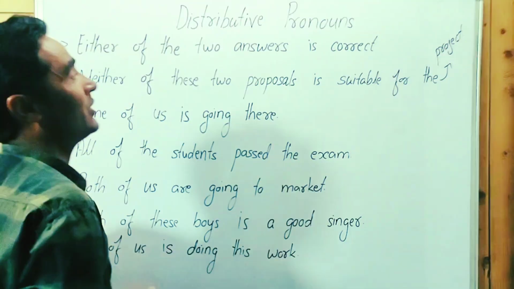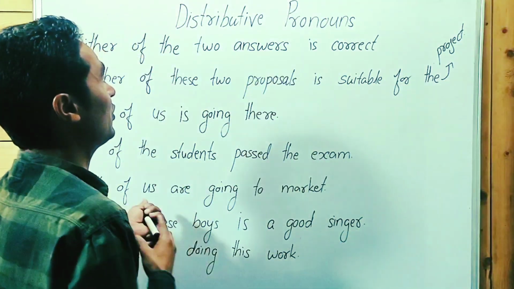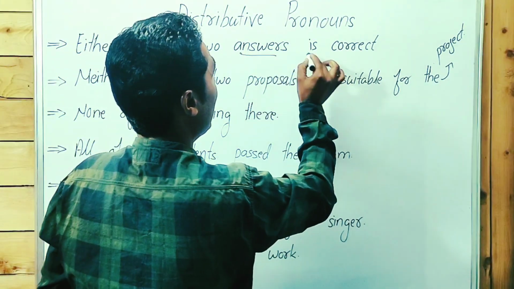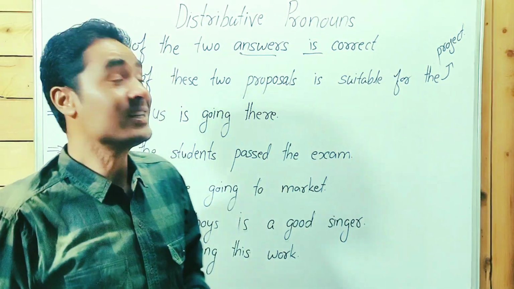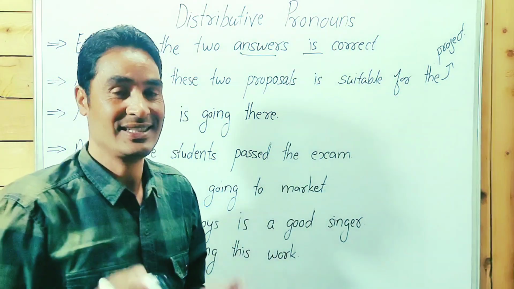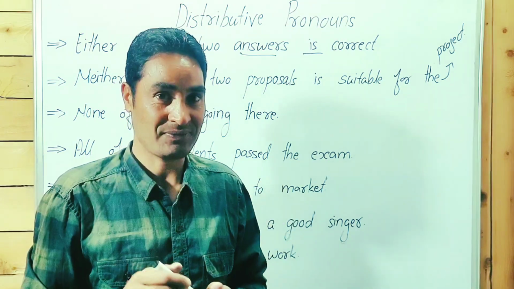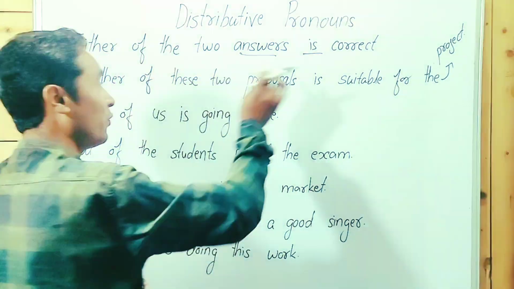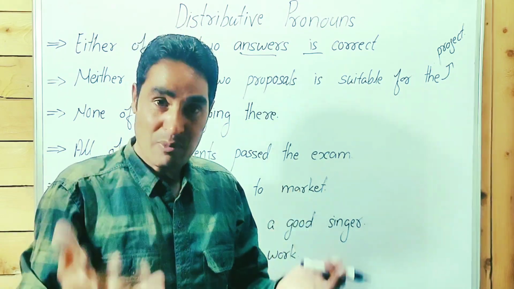Either of the two answers is correct. Either takes a singular verb and plural noun. Here the noun is plural and the verb is singular. Either of the two answers is correct. Singular verb, because we are talking about 1 out of 2. Okay, so that's why for 1 we use a singular verb, for 2 we use a plural verb.